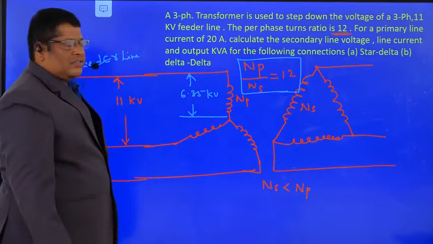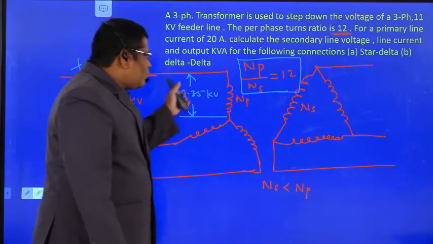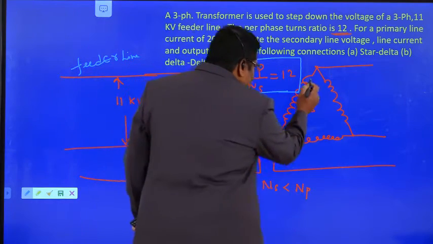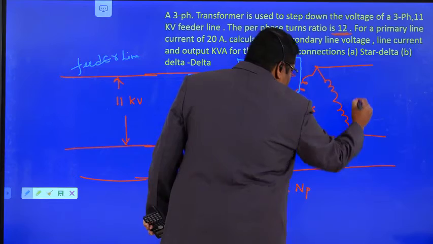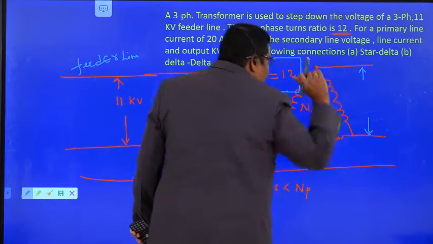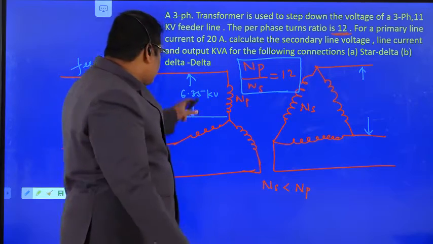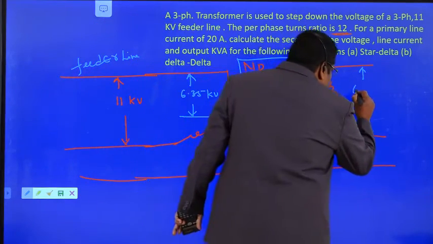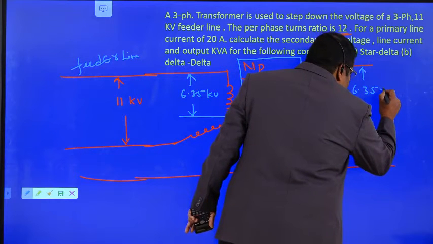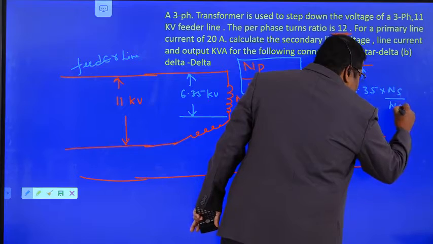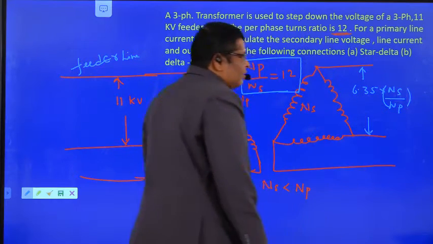That is the primary voltage. Now we are going to find the secondary voltage. The per phase secondary voltage, which is the voltage induced in any one winding of the delta, is equal to the primary voltage 6.35 times the number of turns in the secondary winding divided by the number of turns in the primary winding, per phase.